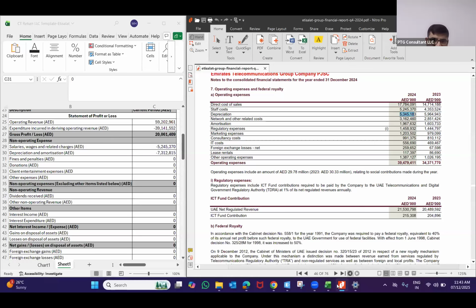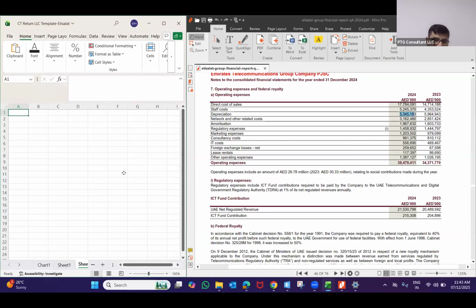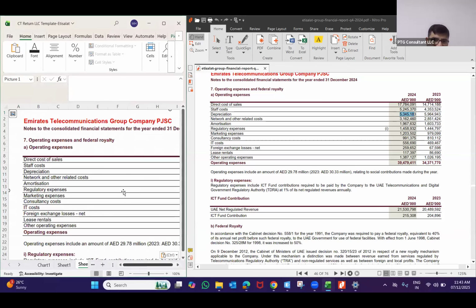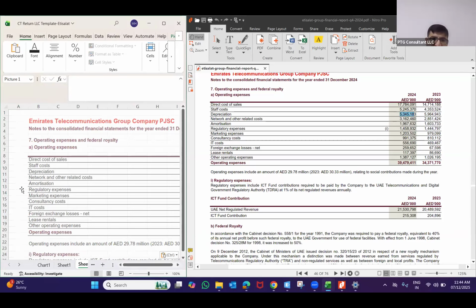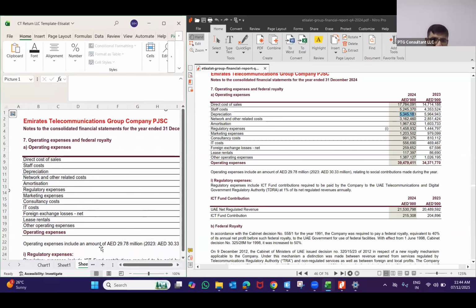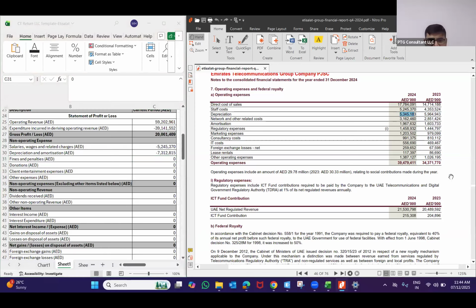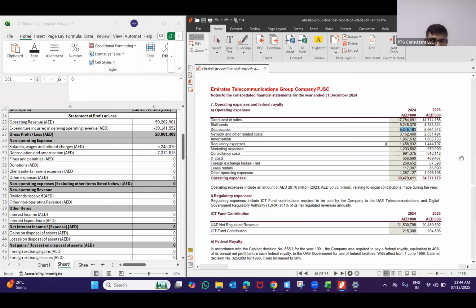Come to the Excel. The next sheet, new, paste here. Okay. Now go back to the same previous sheet. Then we should go to note 11.